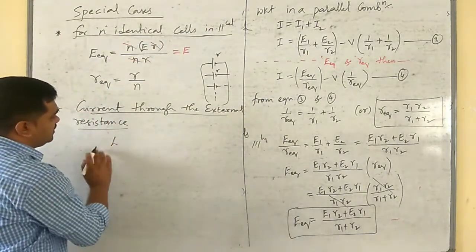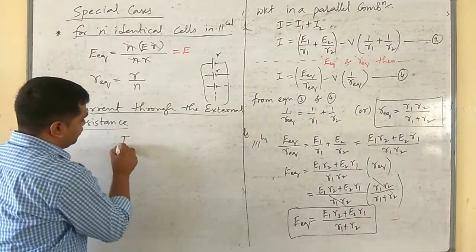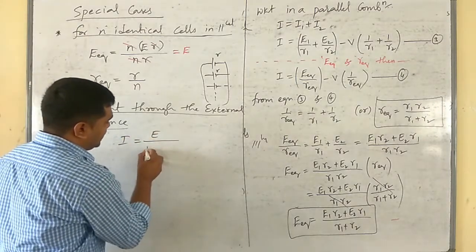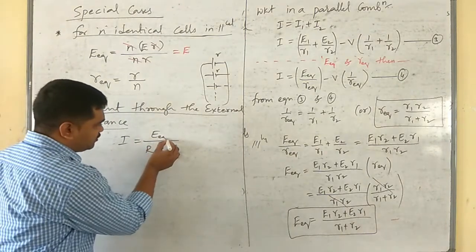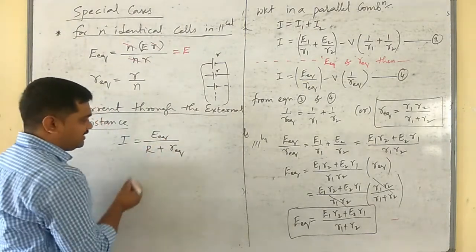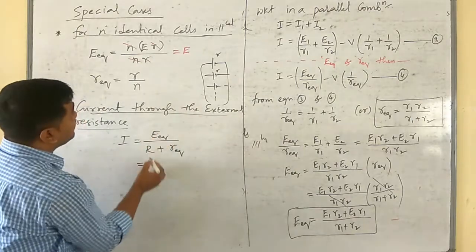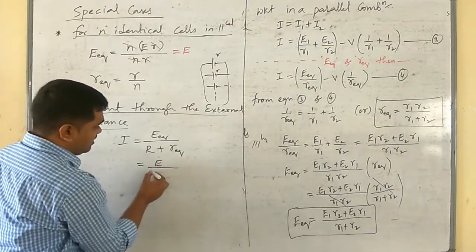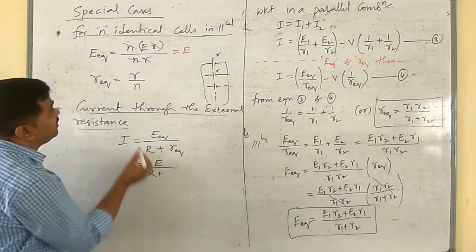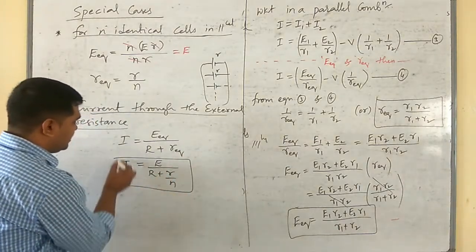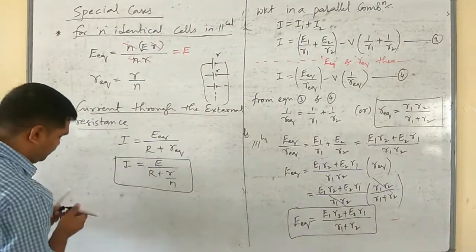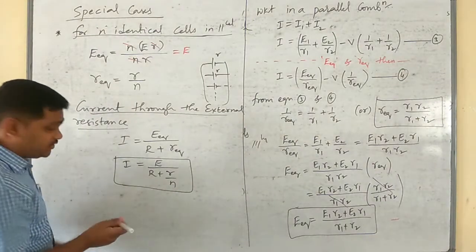We have this formula: I is equal to E divided by R plus r. Correct? Here if we use E equivalent and r equivalent, we get E in place of E equivalent, and R plus r divided by n in place of R plus r equivalent. Like this, we get a formula. We get one equation.